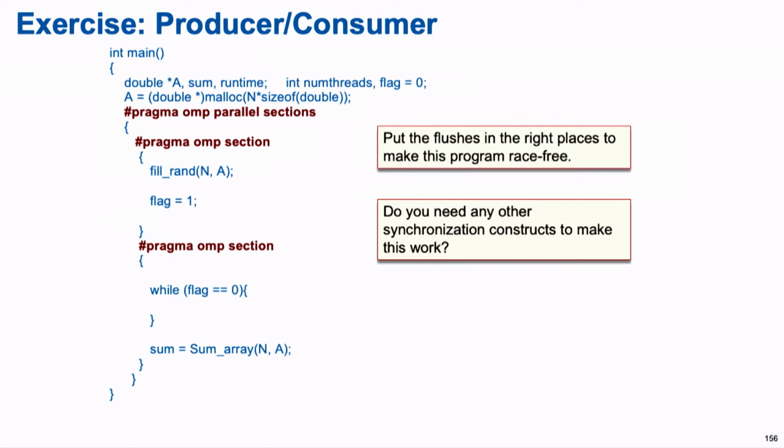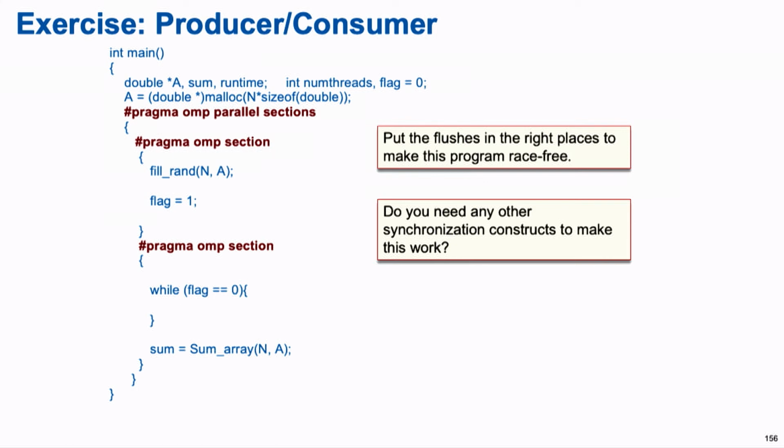And when my producer's done, it sets the flag to 1, so that the consumer is spinning on that flag. This is a spin lock, spinning on that flag so that when it's no longer 0, it knows that one's done, and off it can go. All right? Looks pretty simple, doesn't it?